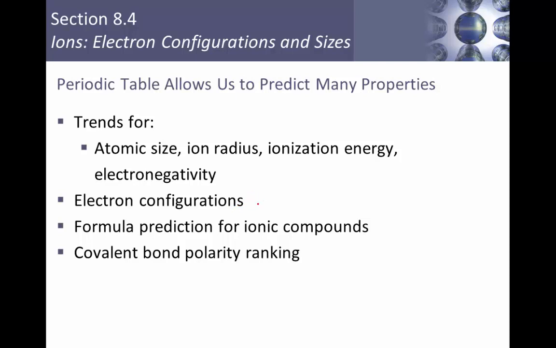And we can predict bond polarities, whether they're going to be polar or nonpolar bonds. We can predict the ionic compound that would form based on the families that the elements are in, and so therefore what kind of ions they would be. So we can get a lot of information now just from the periodic table.